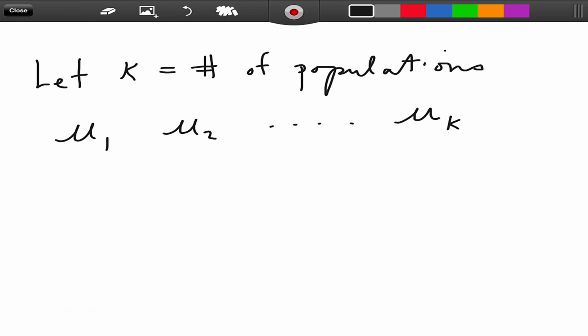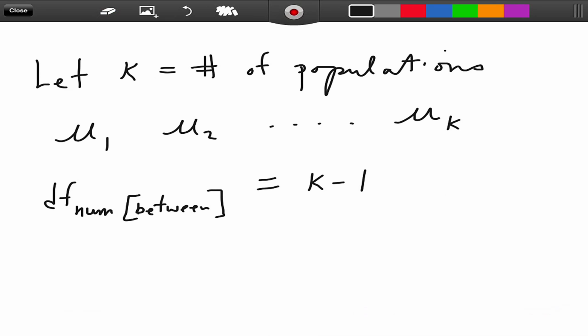The degrees of freedom for the denominator, or I'm sorry, for the numerator, which again we're going to refer to for a while at least as representing the variation between, is nothing more than K minus 1.